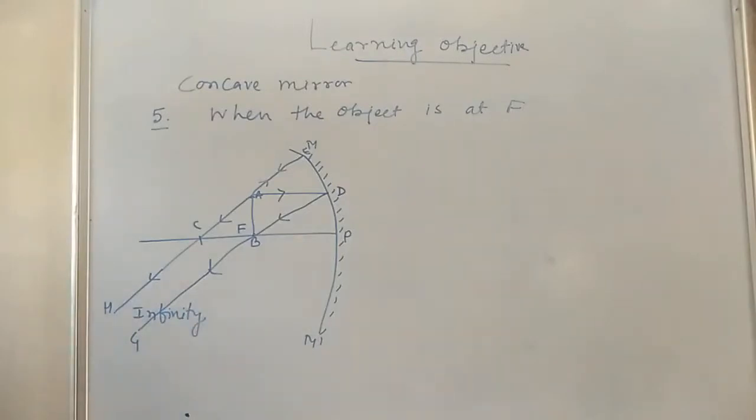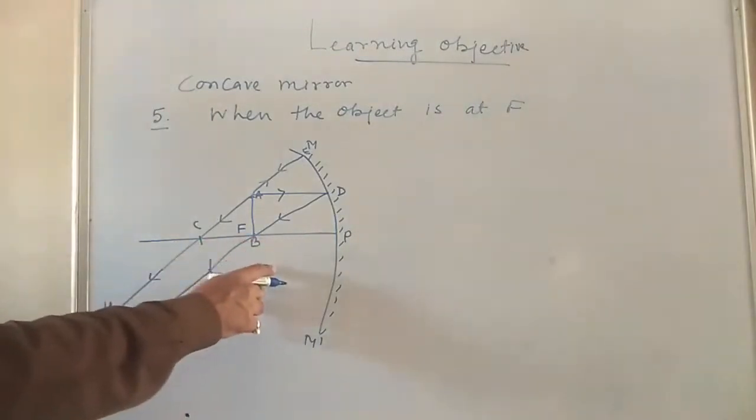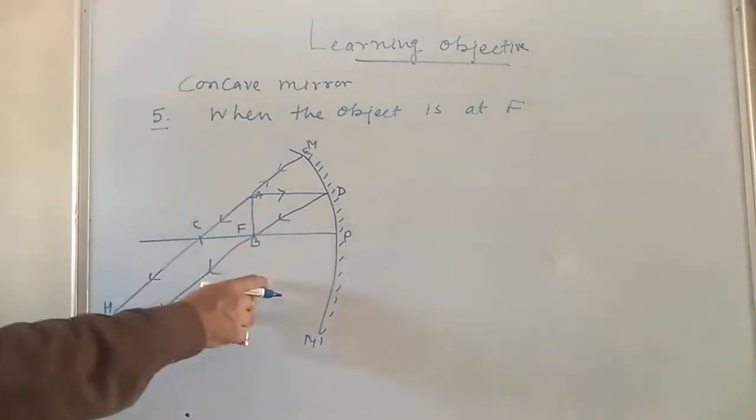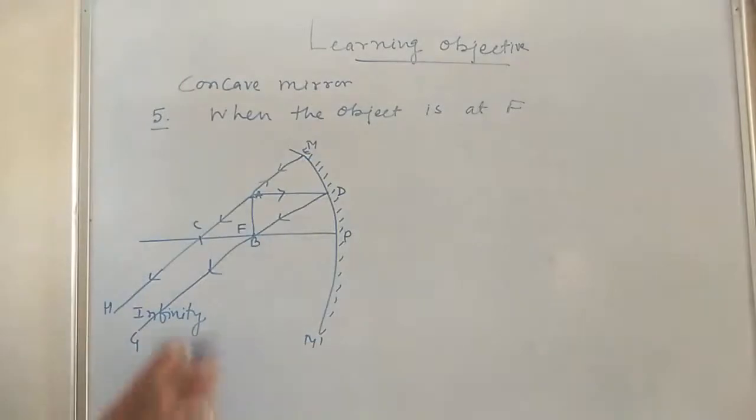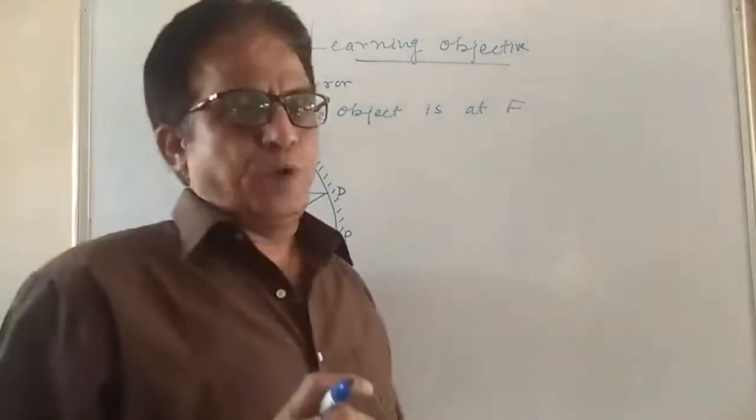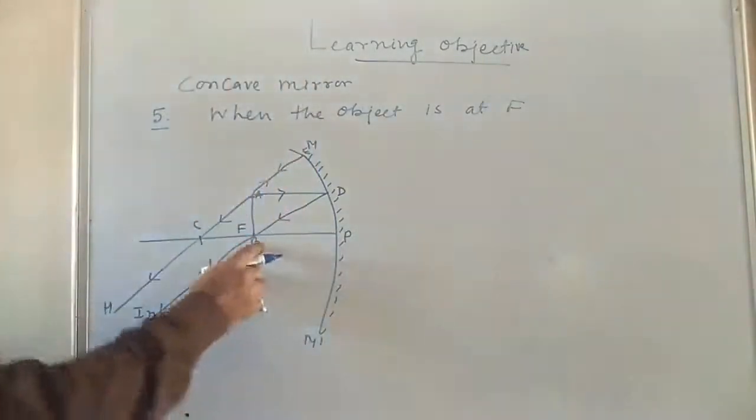Okay, so dear children, draw this figure. It's a very important figure for us. That is, when the object AB is held at the focus F of a concave mirror, M dash, that object is perpendicular to the principal axis here.